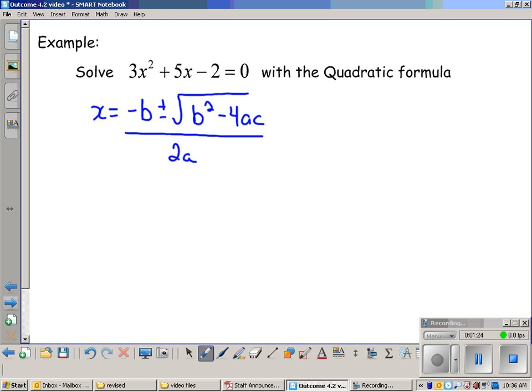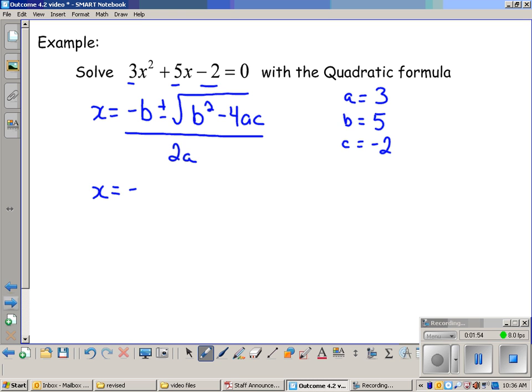In order to use the quadratic formula, we need to be able to identify what a, b, and c are equal to. A is always the number in front of our x squared term, so in this case it's 3. B is the number in front of our x term, or 5, and c is our constant, which is minus 2.